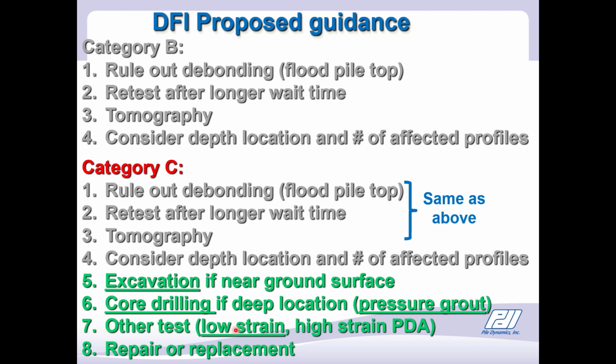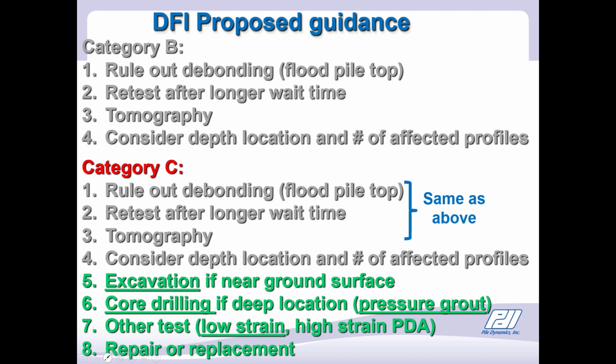We could try other tests. We could try low strain integrity testing. That's relatively inexpensive to do, and particularly if the defect is located fairly close to the top of the pile, that could be a definitive confirmation of a problem. You could do a high strain pile driving analyzer test, PDA, and that has also been used successfully to verify that the shaft is either okay or has a serious defect.